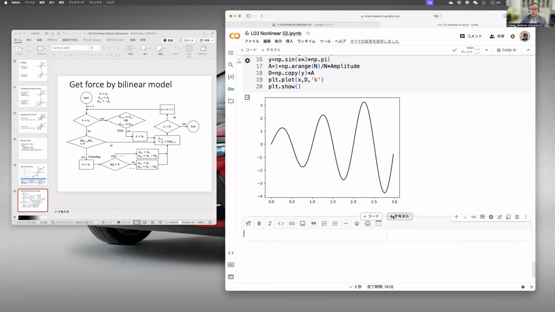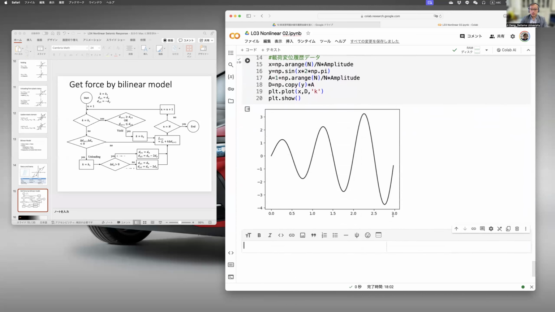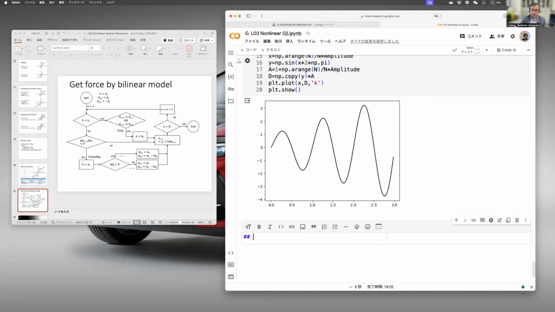And then we will try the bilinear model, but this is a naive one using this flow chart of loading.